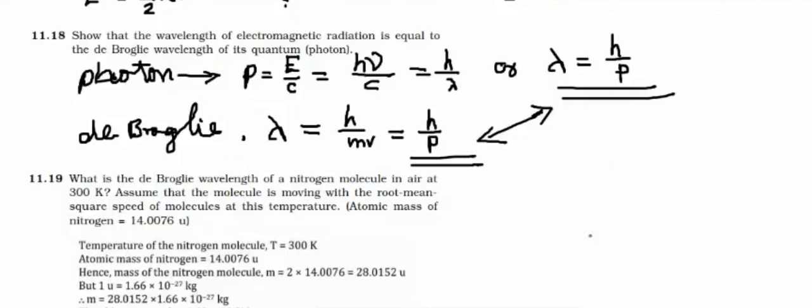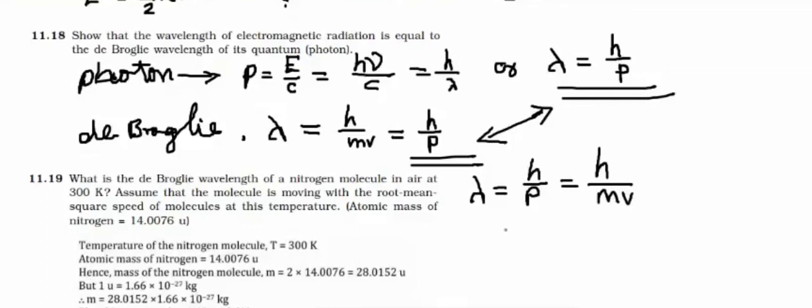So de Broglie wavelength we are asked to calculate again. Lambda is equal to h by p, which is equal to h divided by mv.